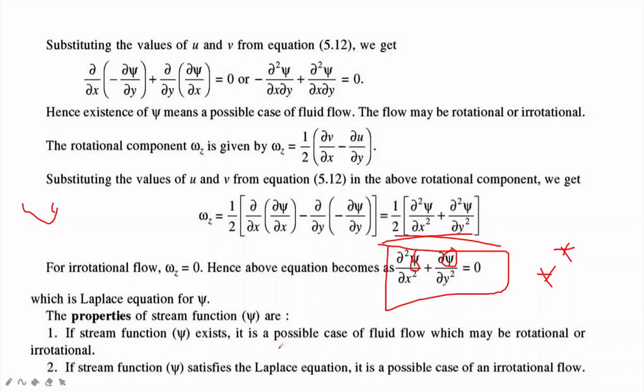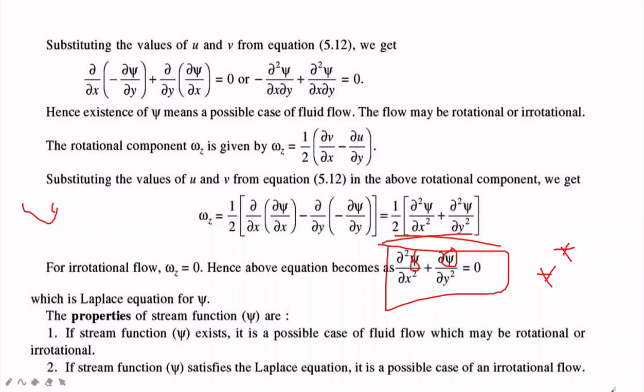Okay, so the properties of stream function psi are: if the stream function psi exists, it is a possible case of fluid flow which may be rotational or irrotational, same as velocity function. What I told, if phi exists, the flow should be irrotational.